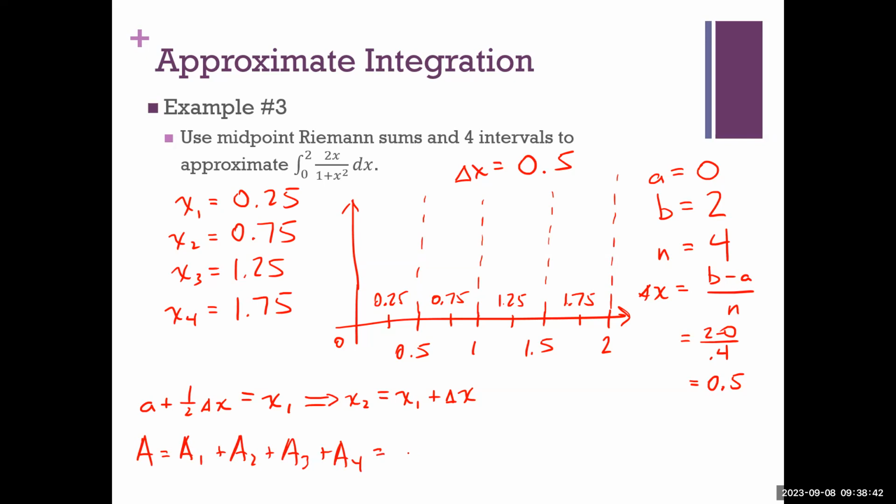What's the base? The base is still delta X, right? So 0.5 times, in fact, 0.5 times what? So f of, yeah, 0.5 times f of 0.25. And so on.